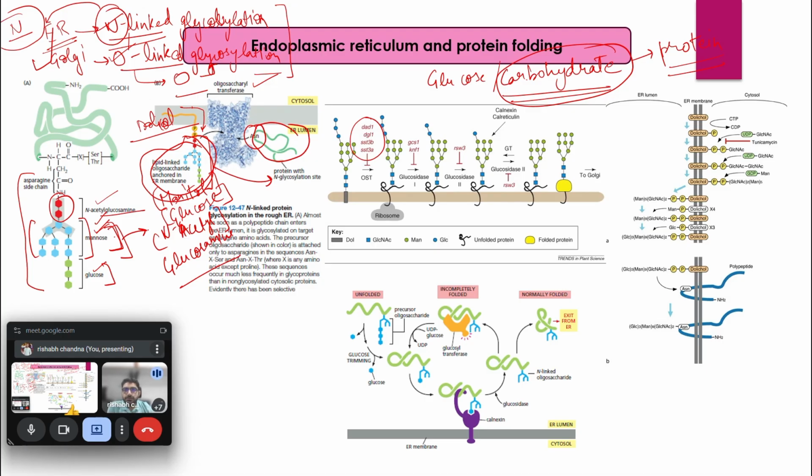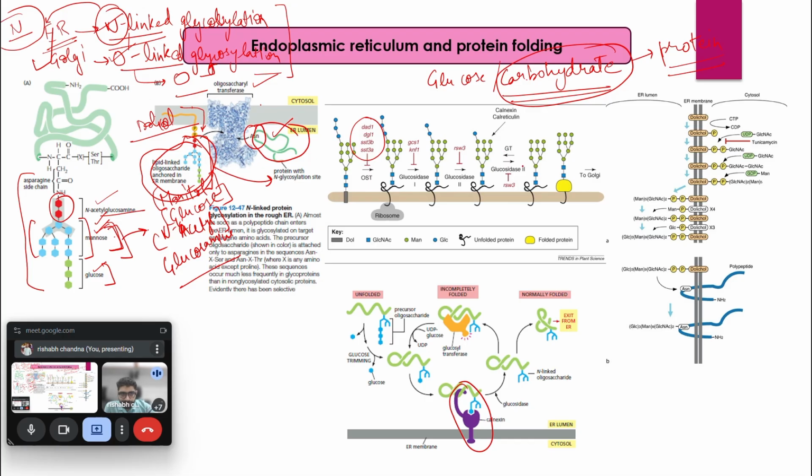Okay, so now what happens is after a particular thing is added to this protein, it is recognized by the chaperones. This is a schematic of how it's added to this particular protein molecule.